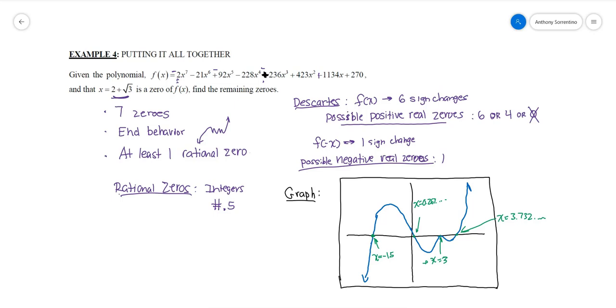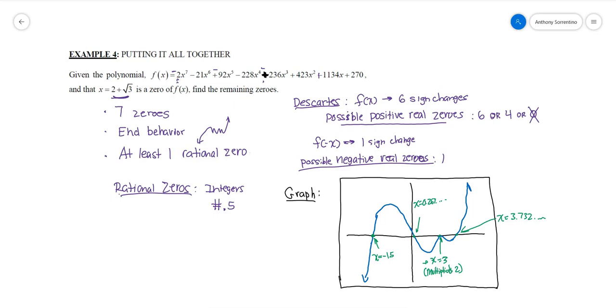I also see right here that at x equals 3, the graph is touching the x-axis but not passing through, which indicates this has a multiplicity of 2. That means when I count x equals 3 as a zero, I count it twice.